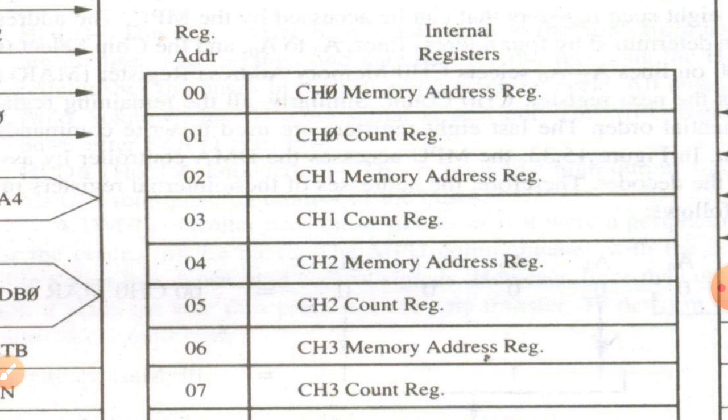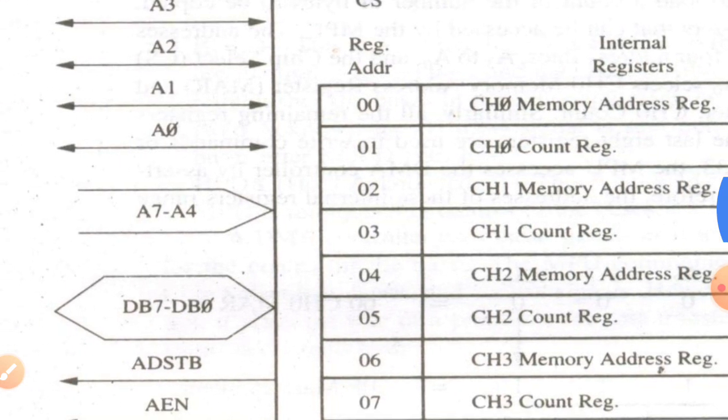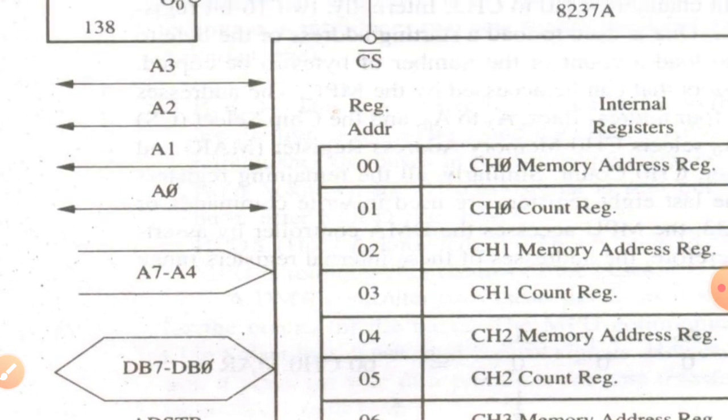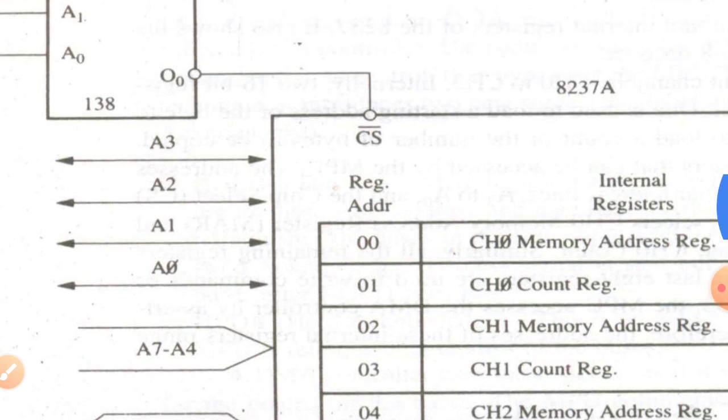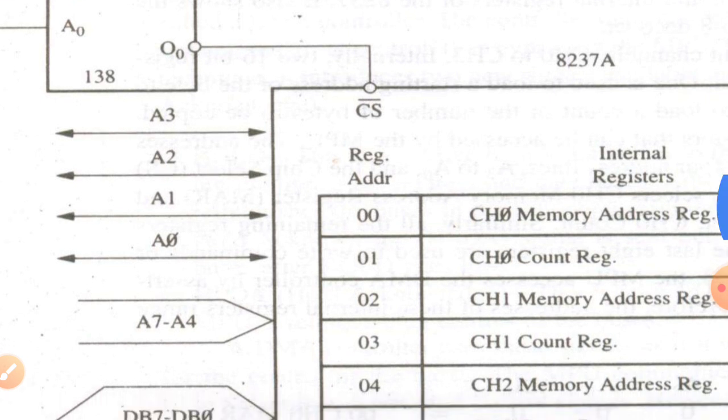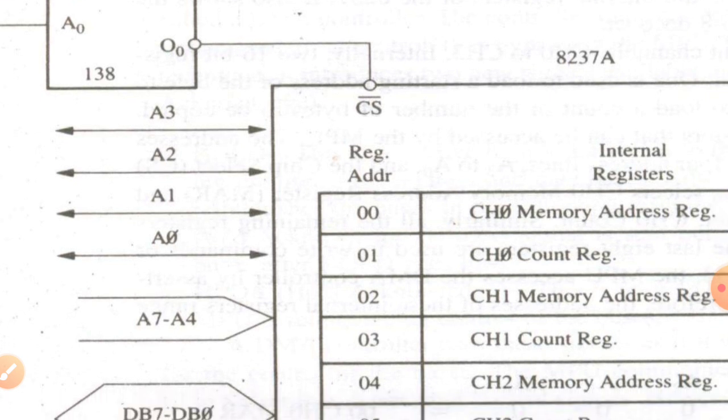Now the addresses of these registers are determined by the 4 address lines from A3 to A0, as well as the chip select signal, because until this chip is selected, it will not work. So address 000 on the lines A3 to A0 is going to give you the address of CH0, that is, channel number 0.